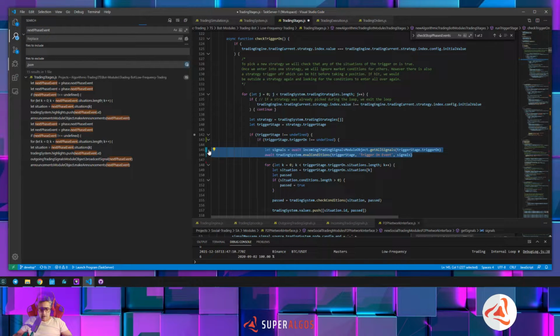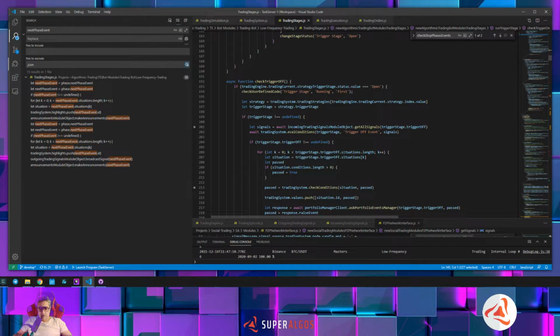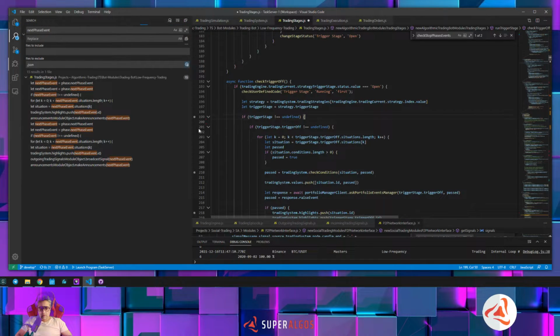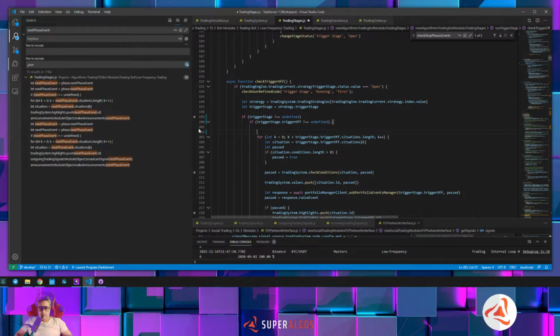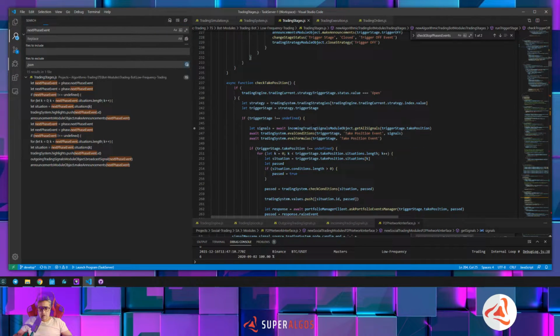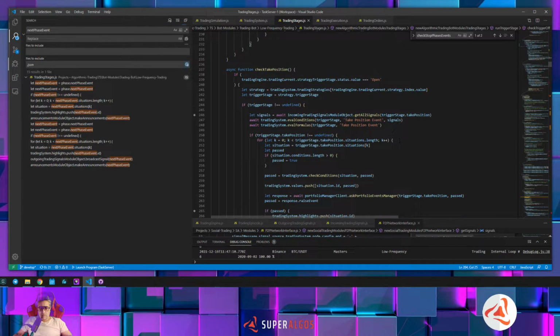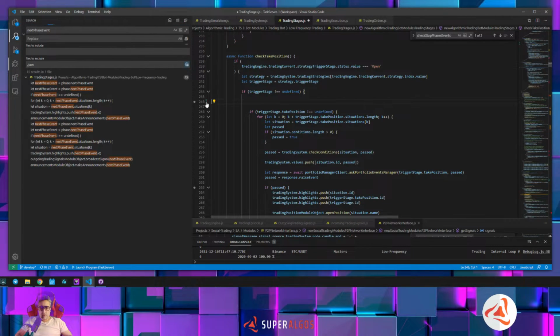Okay, so the same, we are going to do it at the trigger off. This shouldn't be here, but inside here. And the same at the take position. If there is no take position, there's nothing to evaluate.